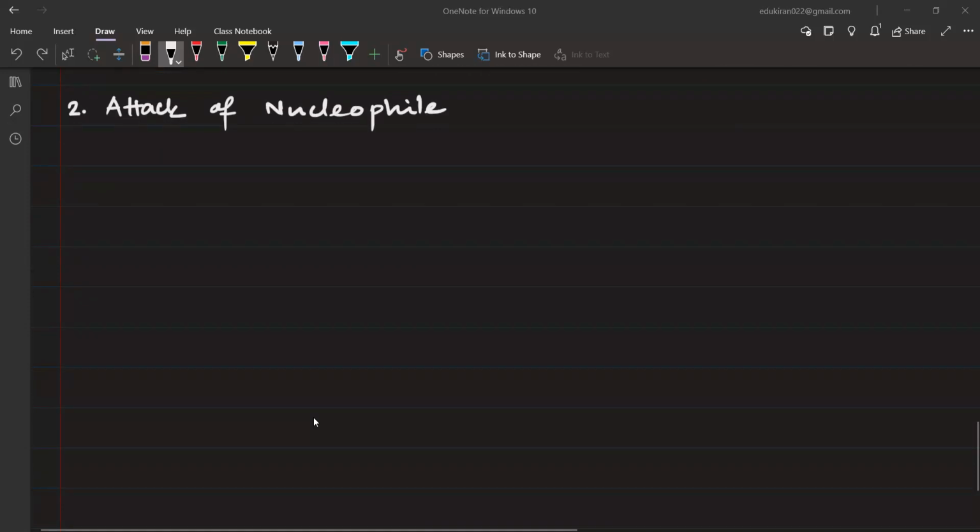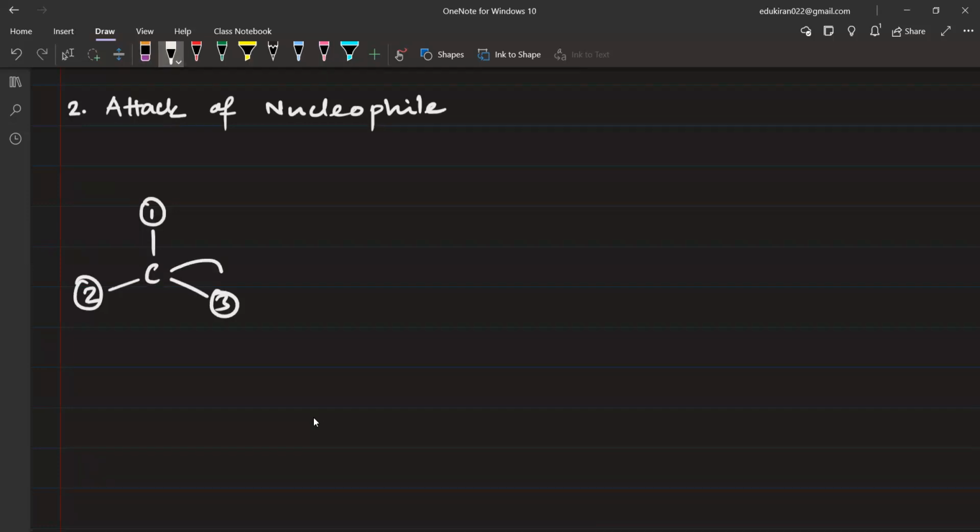So I can write the carbon with 3 of its bonds. We don't know, 1, 2, and 3 groups are attached here. And this carbon atom will be having a pure p orbital like this, which is going to be vacant.